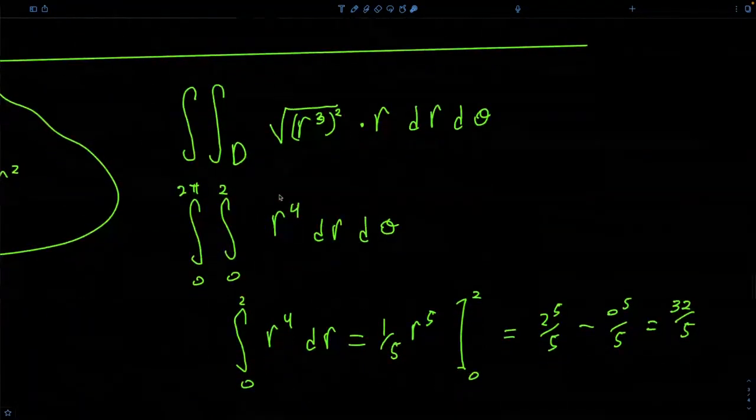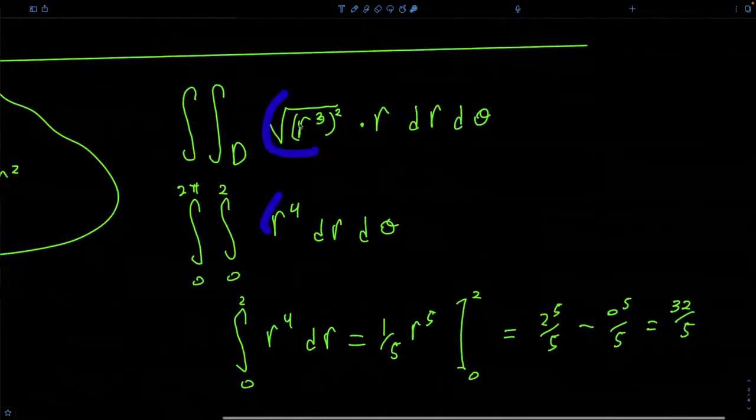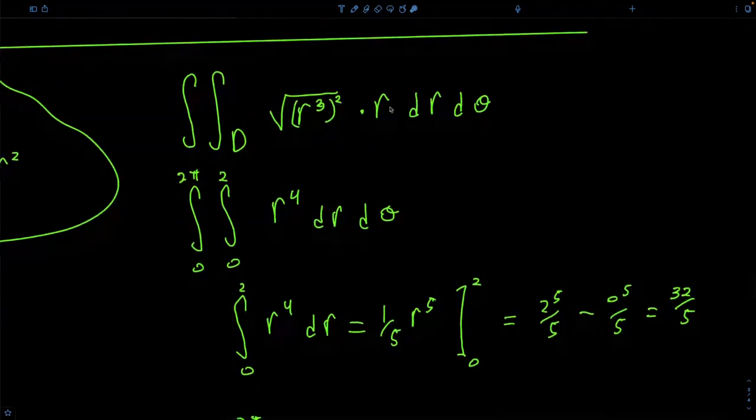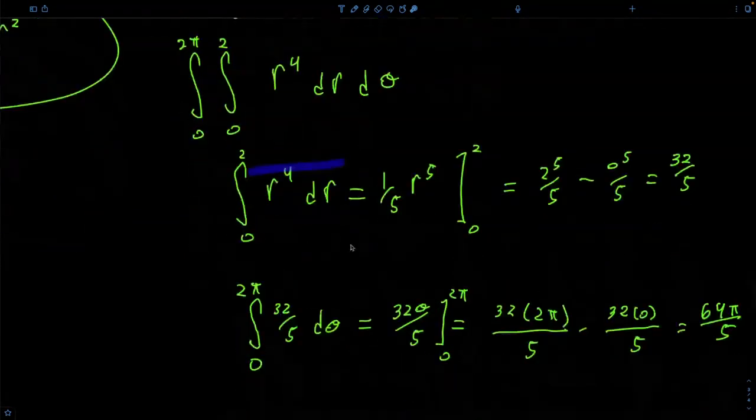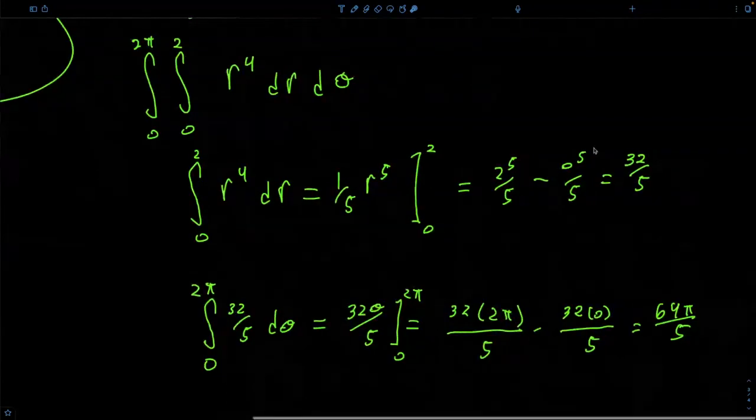The square root of r cubed squared, which is r to the 6th, gives r to the 4th. Then we do the integral, and it'll be 2 to the 5th, which is 32 over 5.